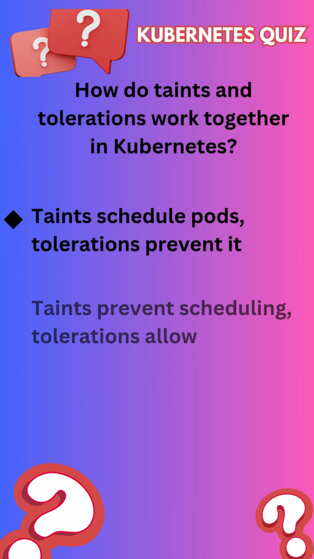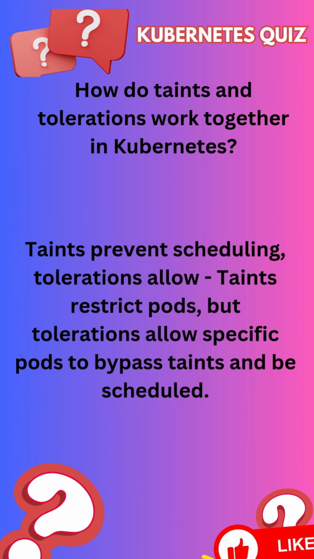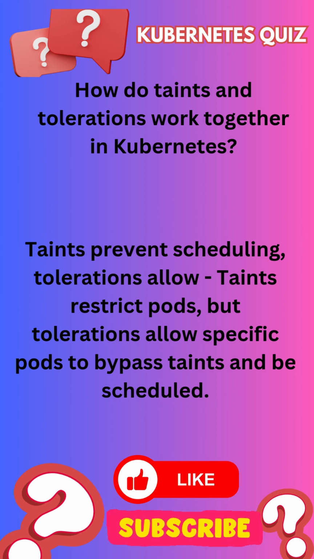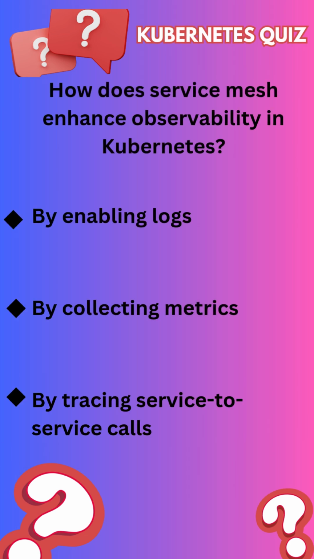How do taints and tolerations work together in Kubernetes? How does service mesh enhance observability in Kubernetes?